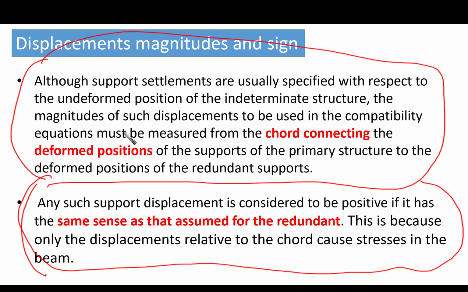The magnitude of the settlement should be measured from the chord, and the sign convention should be assumed such that if the settlement is in the same direction as the redundant, then you have a positive settlement, otherwise it is going to be negative.